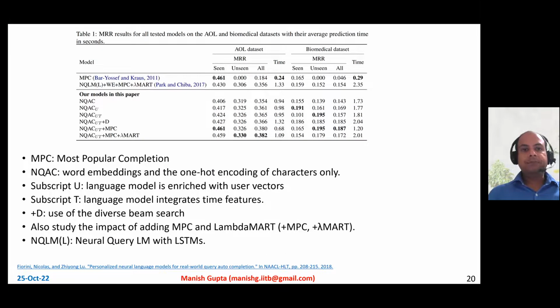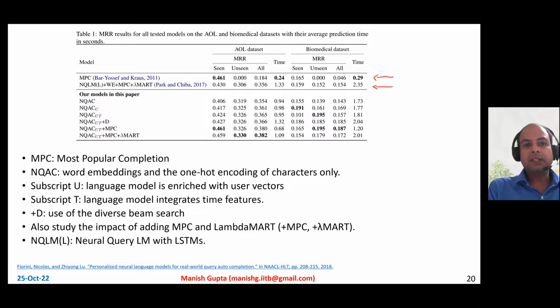Okay, so overall, these folks compared their system with two other baselines and ablations of their systems. As you see here, the two baselines are the most popular completion baseline, which is so common, and the NQLM system, which we talked about earlier, the neural query language model with LSTM.